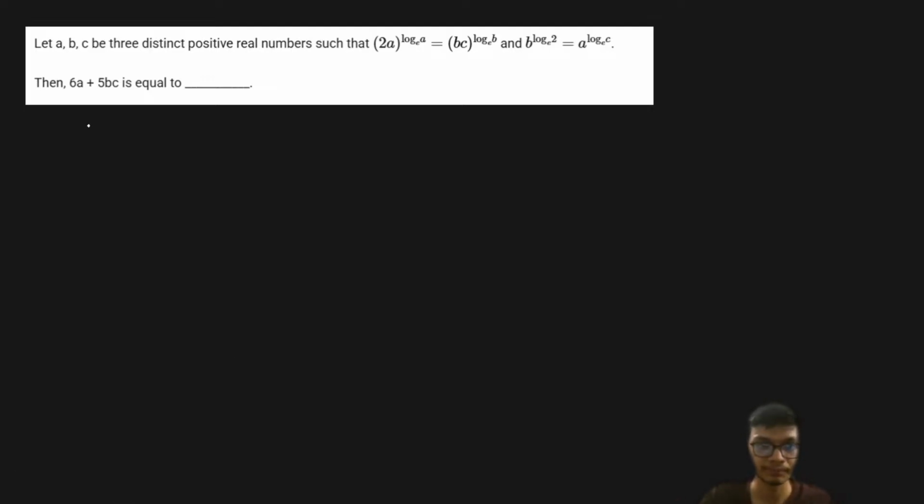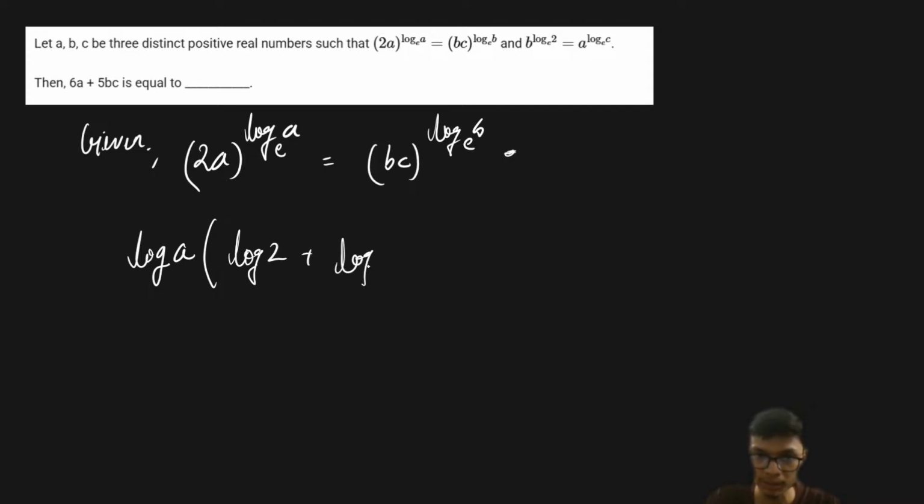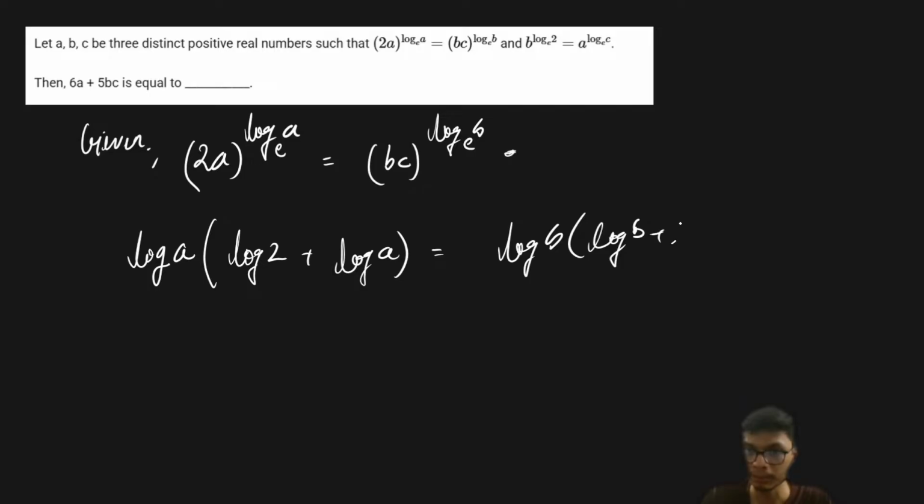If I have the given equation as (2a) to the power log a base e equals (bc) to the power log b base e, then if I take natural log on both sides, I get log a into (log 2 plus log a), which equals log b into (log b plus log c).